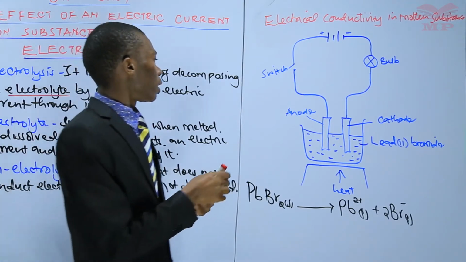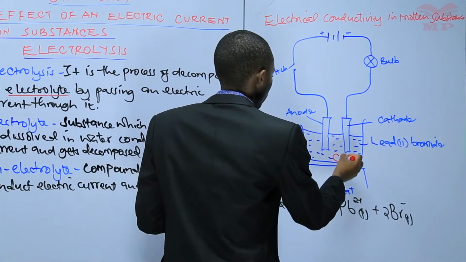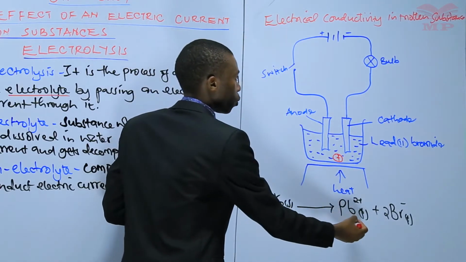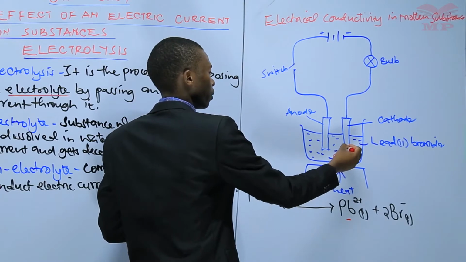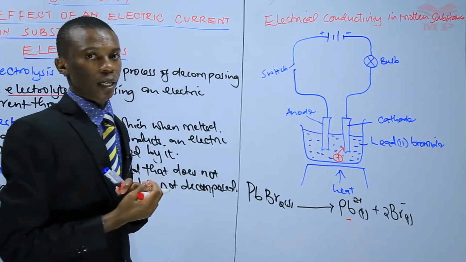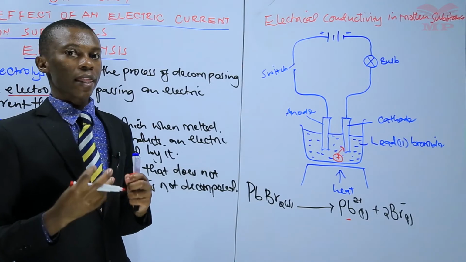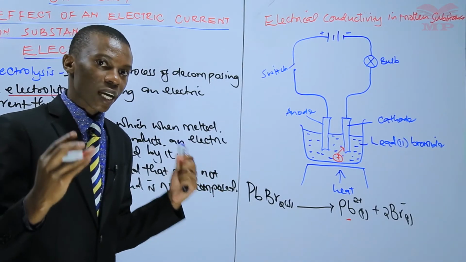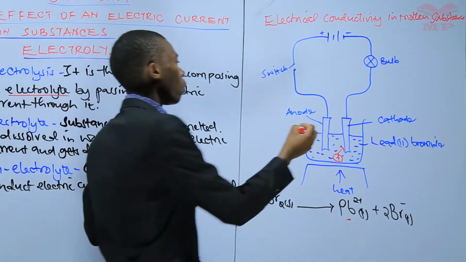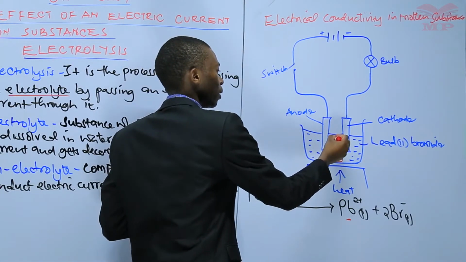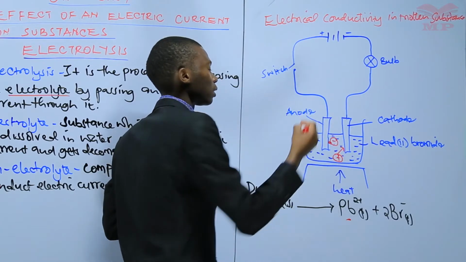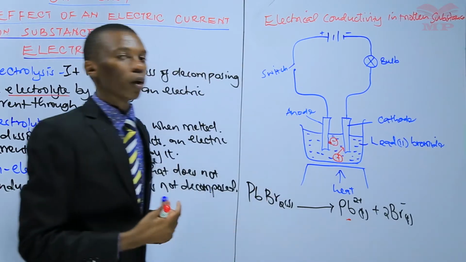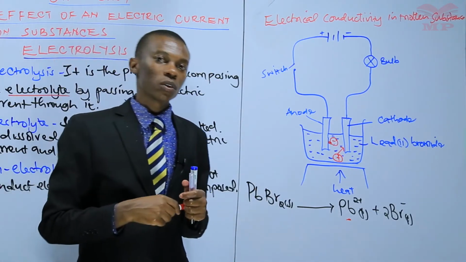The positively charged ions, that is lead ions, will migrate towards the cathode and be deposited there. The positively charged ions are attracted to the negatively charged electrode, while the negatively charged bromide ions migrate towards the anode.